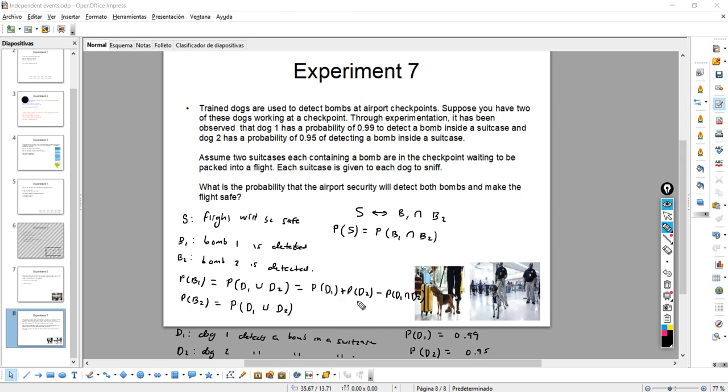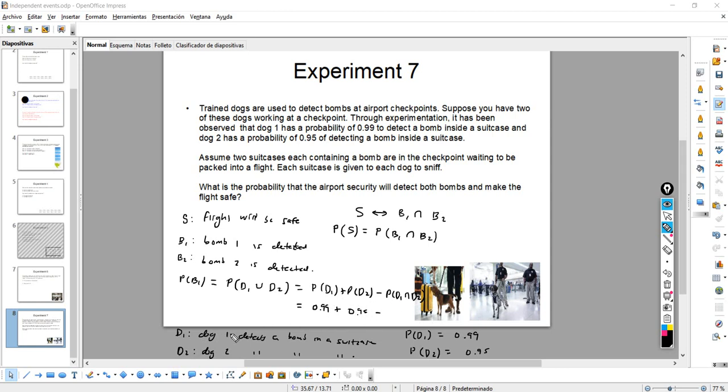I'm gonna erase this for the moment, guys. So this is gonna be 0.99 plus the probability of D2, which is 0.95, minus the probability of D1 and D2.